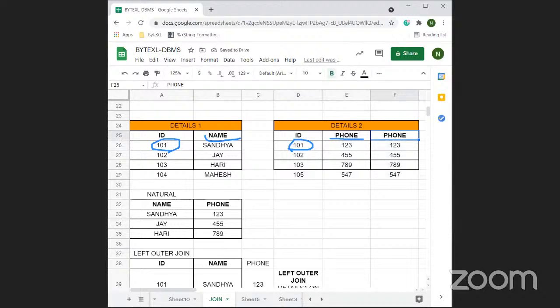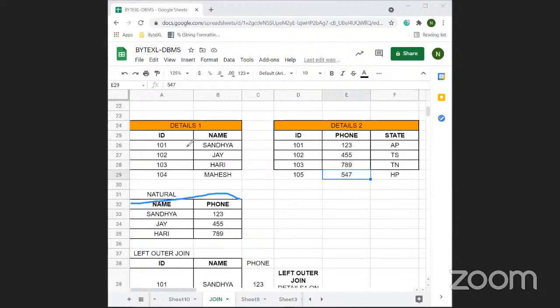Instead of phone, let me take some other value called city, or let me take state, some Andhra Pradesh, Telangana, Tamil Nadu, Himachal Pradesh. All right. But we can select only the few columns we want. I am selecting only these 2 columns for now. Therefore, you can see only 2 columns here.